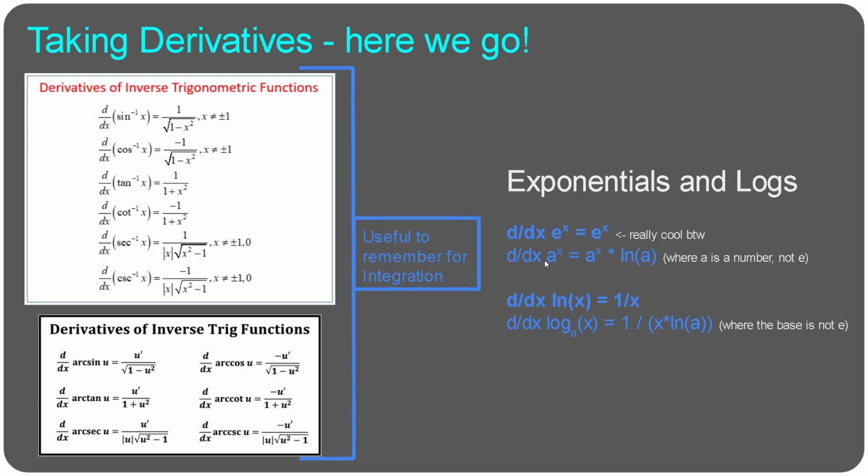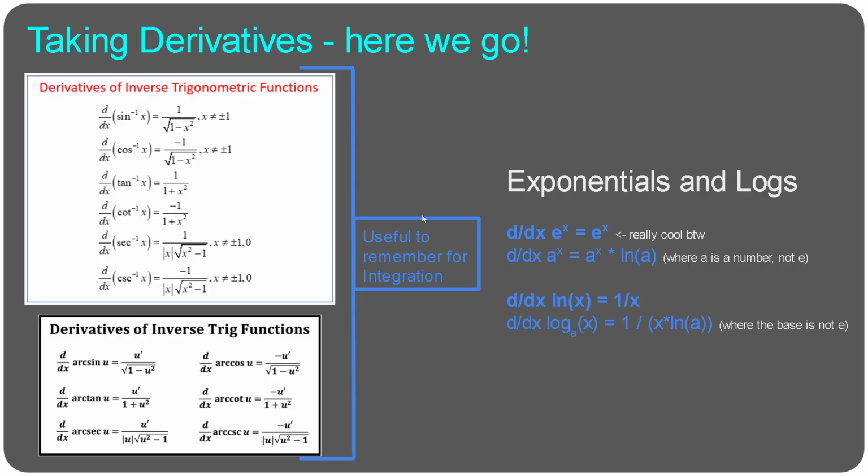The derivative of just a number to the power of x is equal to a to the x times the natural log of a. So yeah, this is where a is a number and it's not e. And then let's talk about the derivative of the natural log, which is just 1 over x. Once again, really important. These two are probably the most important derivatives I would memorize.